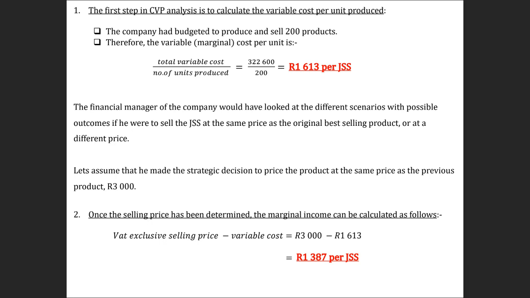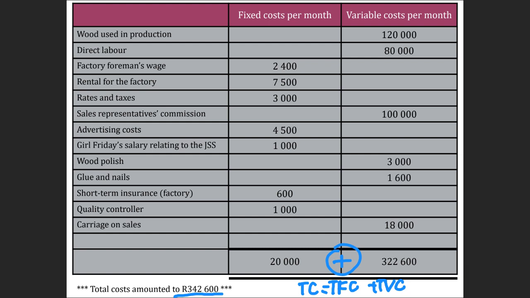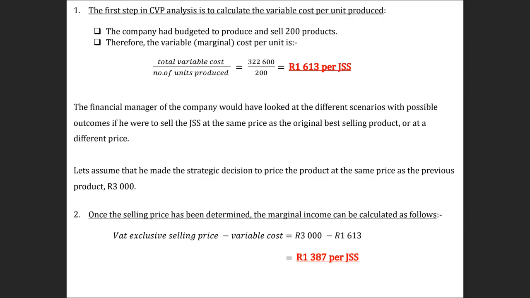Your marginal cost is, as a total, 322,600. To bring it to a per unit figure, we're going to divide it by the number of units produced. So remember, whenever you're bringing a figure to a per unit figure, it's always the total divided by the number of units produced.